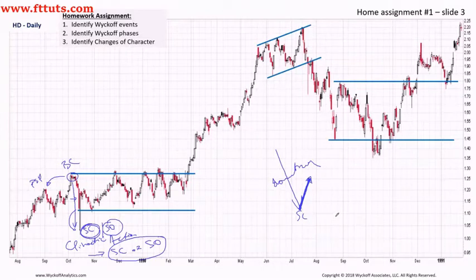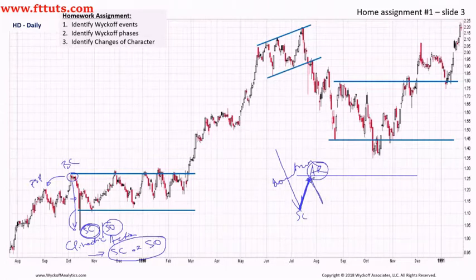It goes into the trading range, and from there is a rally. How would we label the first rally off the low of the selling climax? That would be labeled as an automatic reaction. Automatic rally in the accumulation.